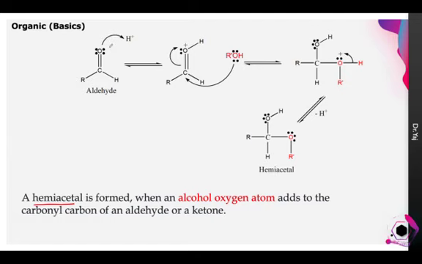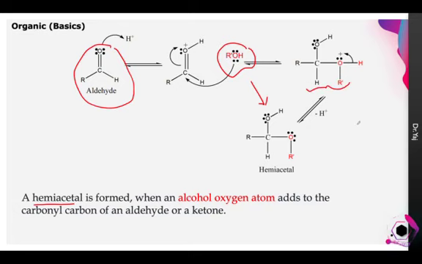When we have an aldehyde group and when we have an alcohol group, under certain conditions the alcohol oxygen adds to the carbonyl carbon, leading to the formation of hemiacetal, and this happens through this particular intermediate.